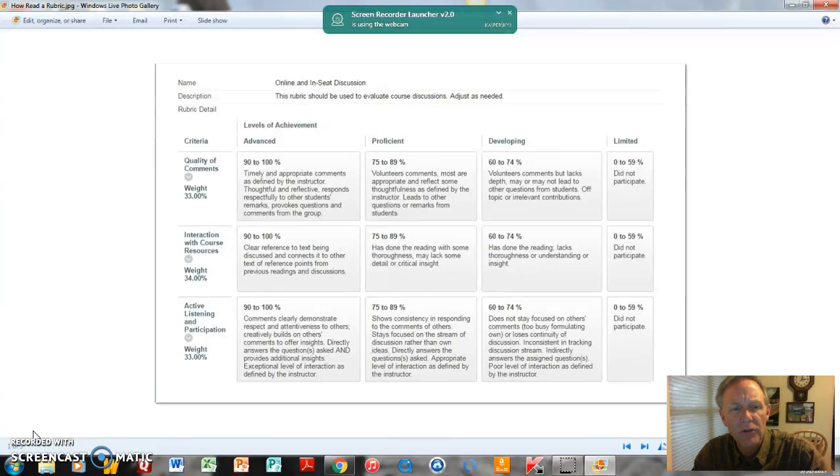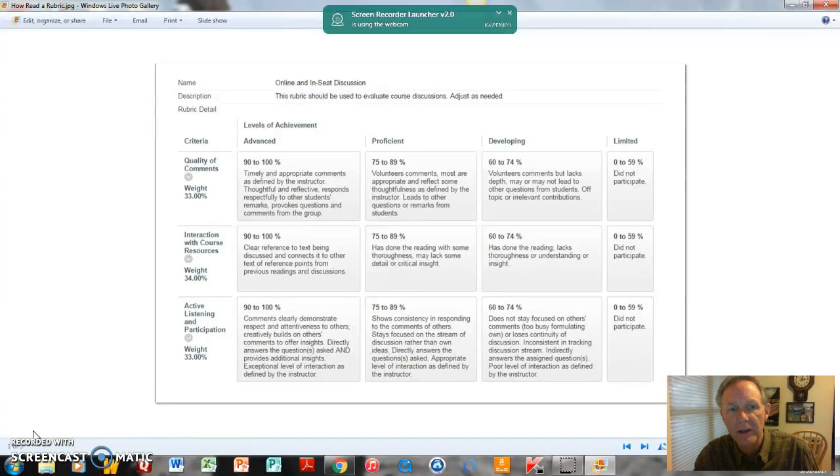Quality of comments is the first one, interaction with course materials, and then active listening and participation. And then across the top, you'll notice we've got an advanced score, proficient, developing, and limited. Now limited is usually 0, would be did not participate at all, up to 59% of that weighted number, depending on the level of participation.